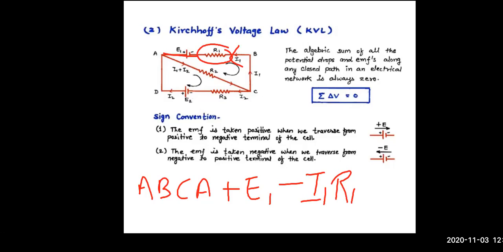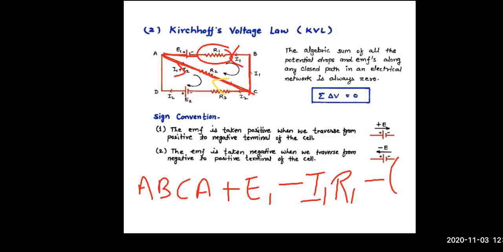Now we are moving from B to C. B to C we do not have any circuit element. Now we are going to move from C to A. When we are moving from C to A, we have the resistor R2. The current that is flowing is opposite to our direction, so here the sign will be minus.